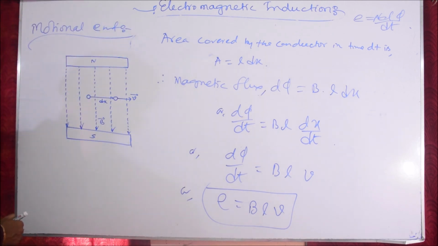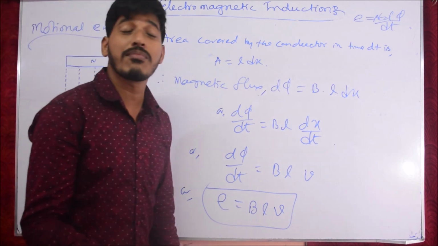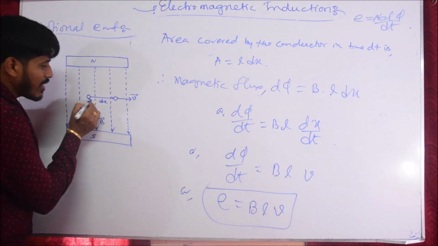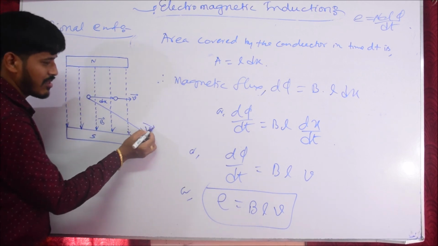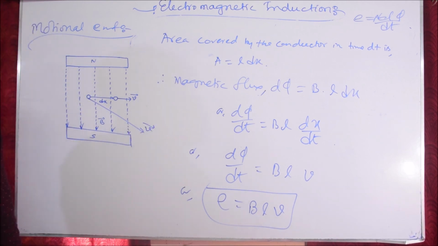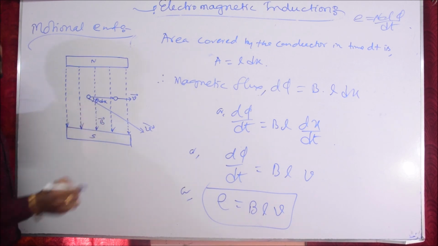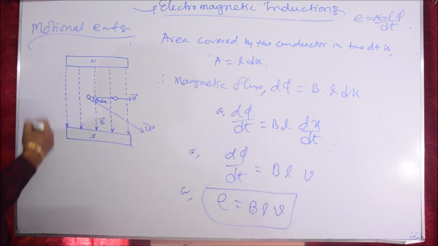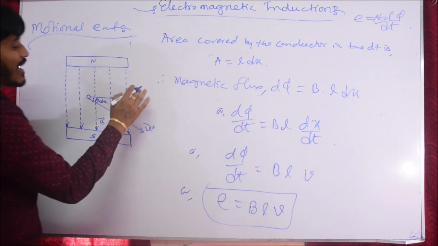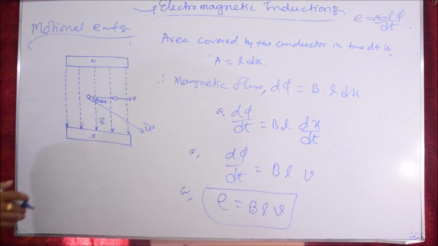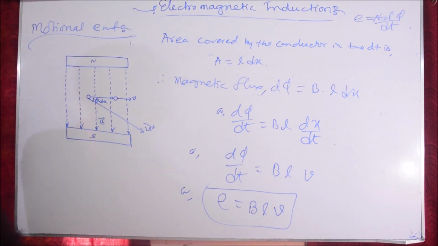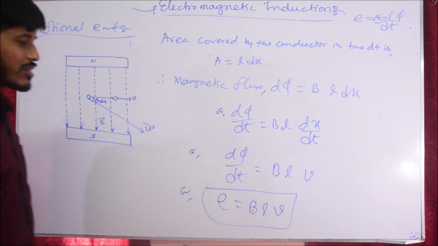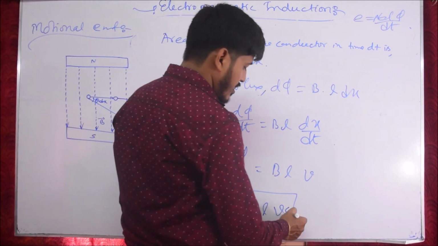Now you see, if the conductor is not moving normal to the magnetic field, suppose it is moving in this direction, in such a way that it makes an angle theta with the direction of the magnetic field, at that time I have to consider the component perpendicular to the magnetic field, which is V sin theta.